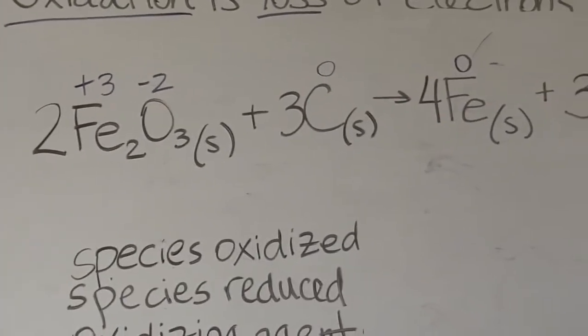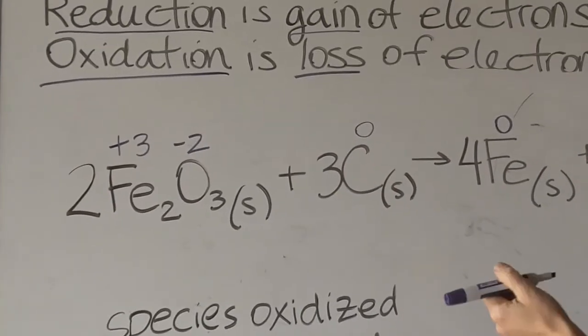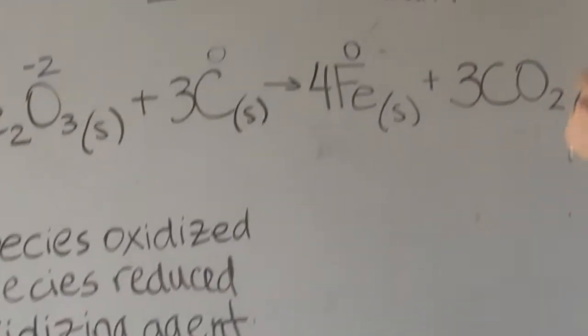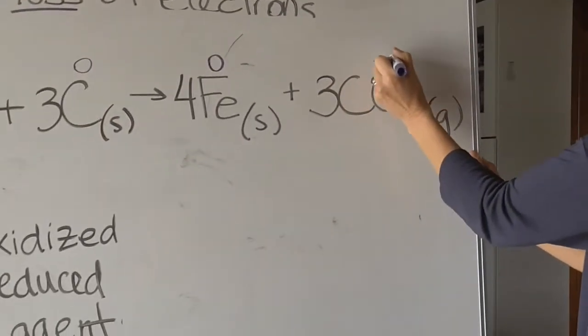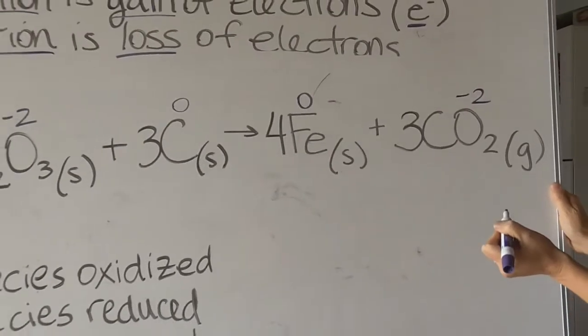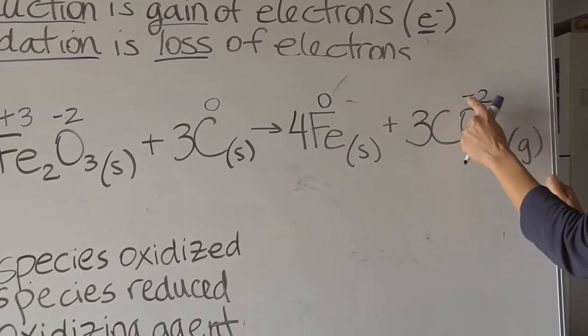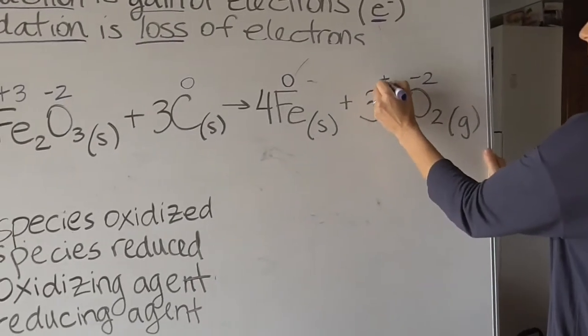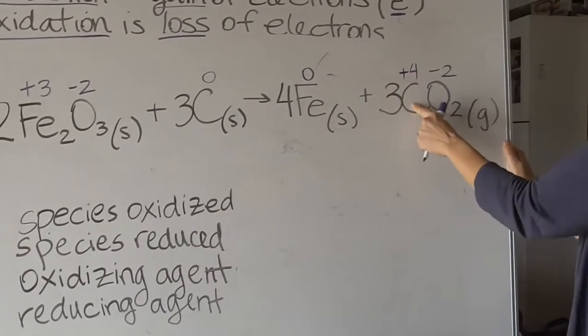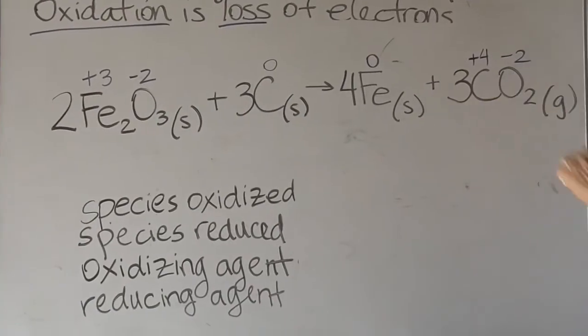And again, you can go back and look at the rules for assigning if you need more practice on those. And then we come over here, again, the oxygen is -2, because the oxygen's -2 and there's 2 of them, the carbon's going to be +4.